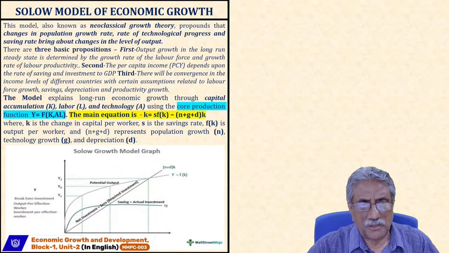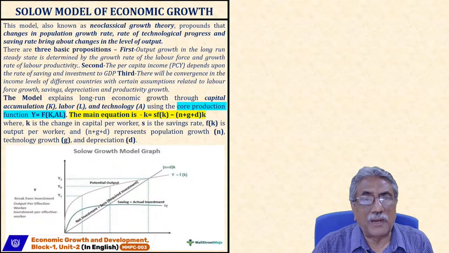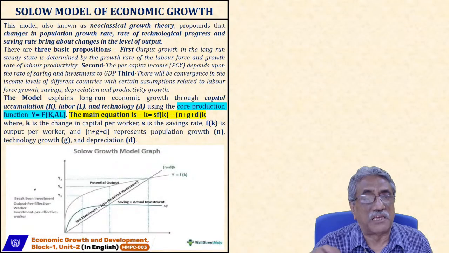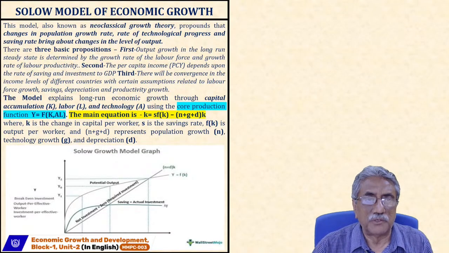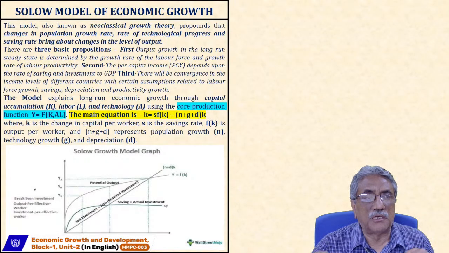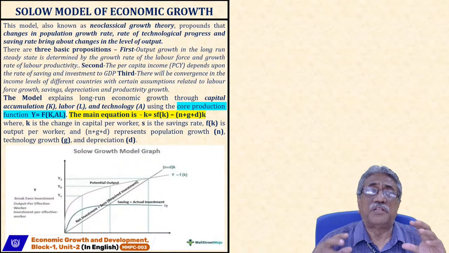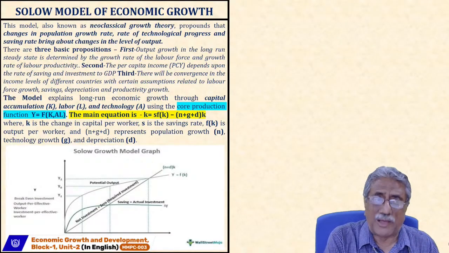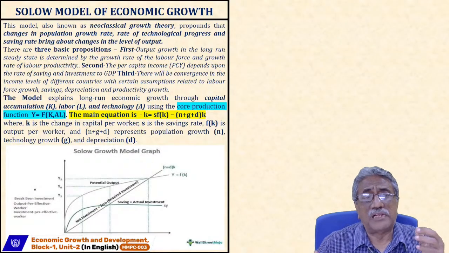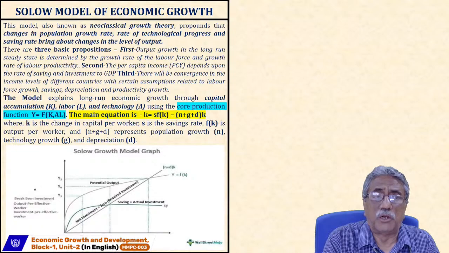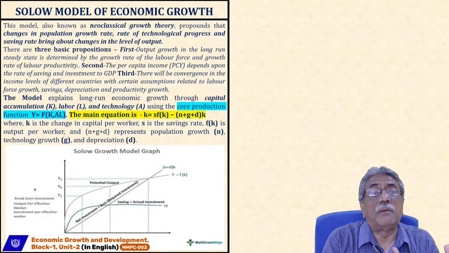Clear? Second, per capita income depends upon the rate of savings and investment to GDP. They are saying that if there are savings, as I take from the Harrod-Domar model, and there is good investment in the economy, a lot of people will get jobs, and then per capita income will grow.